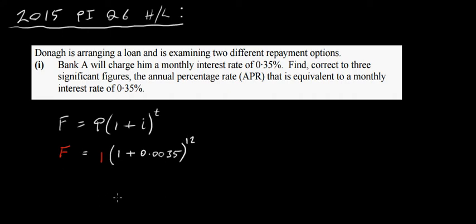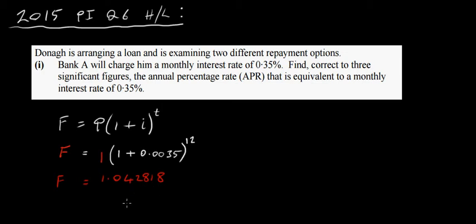So if you work this out, what you'll actually get is our F here will be equal to 1.042818. Now that's our final value. So €1 will amount to €1 and 4.2818 cents.